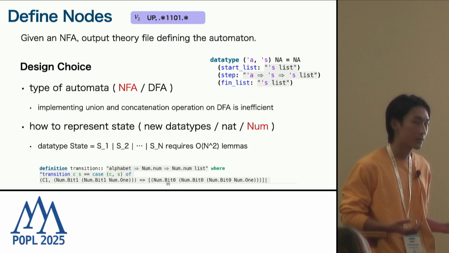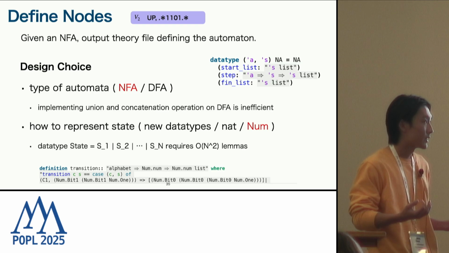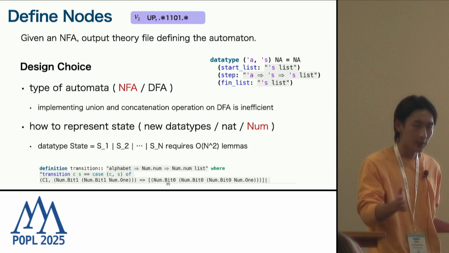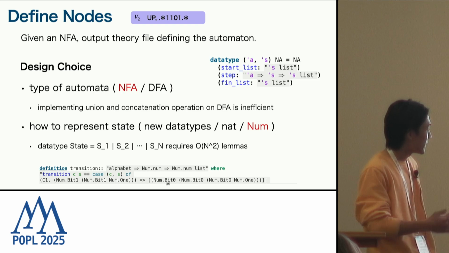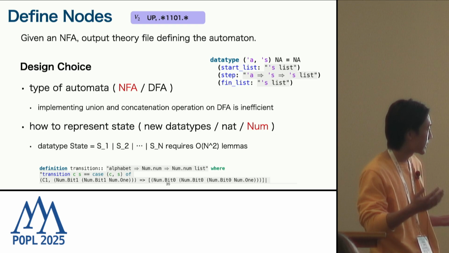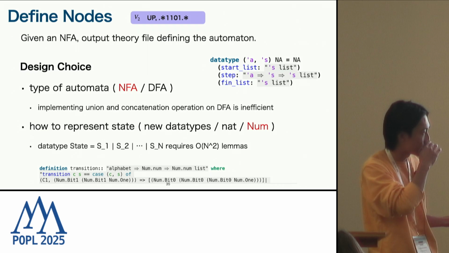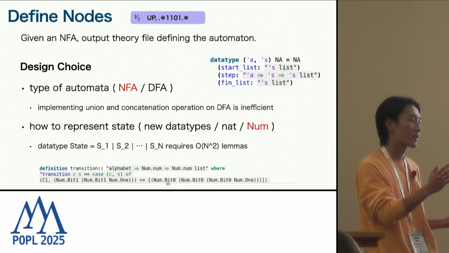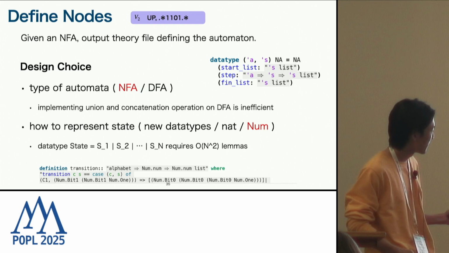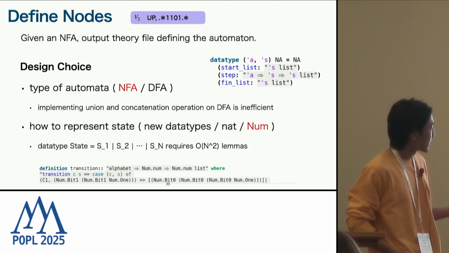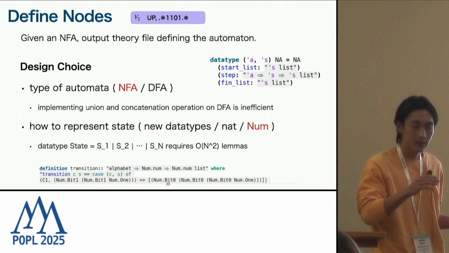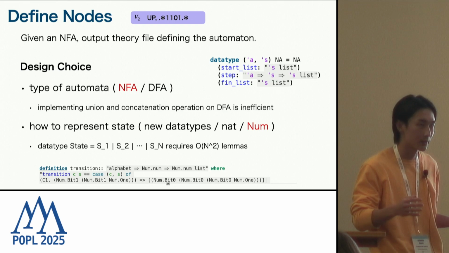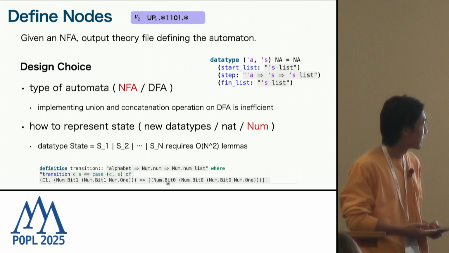Initially, we attempted to define a new data type for each NFA, but it internally generates n-squared lemmas to distinguish between constructors, and at most an NFA contains hundreds of states, so it costs prohibitively.